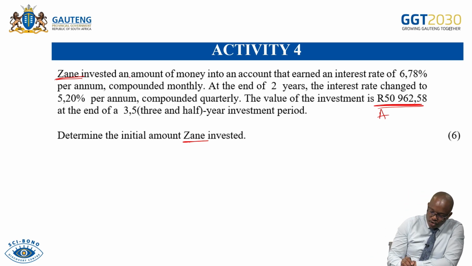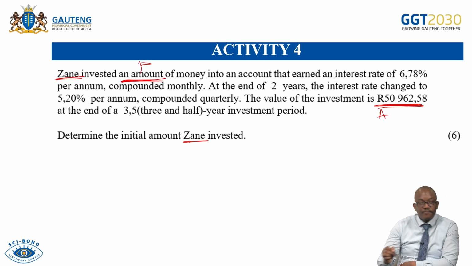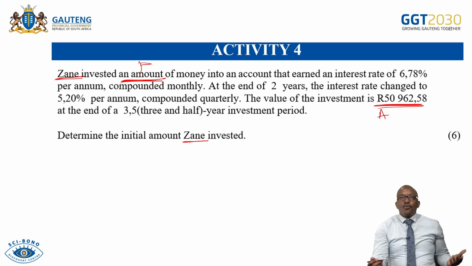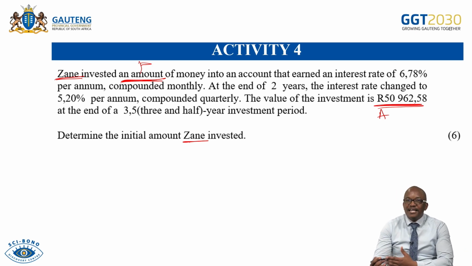But remember they're saying Zane invested an amount. That amount is P. We don't know how much they invested. So with all these things that the statement that we have read with different periods, we still need to identify how much Zane has invested. So that's what we are doing here.